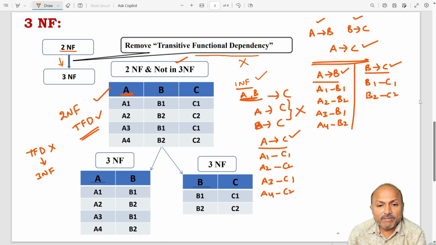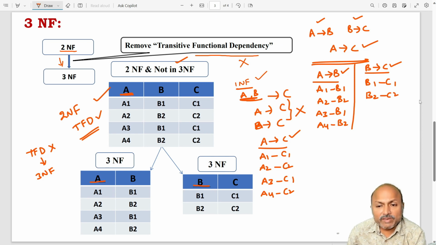So from ABC, first you take AB, where A is the primary key, and BC, where B has to be made the primary key. The values for AB are A1 B1, A2 B2, A3 B1, A4 B2. For BC, there are two distinct tuples, B1 C1 and B2 C2.